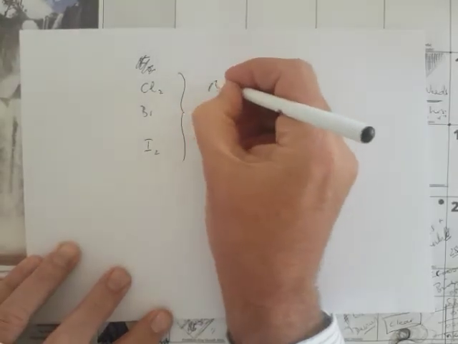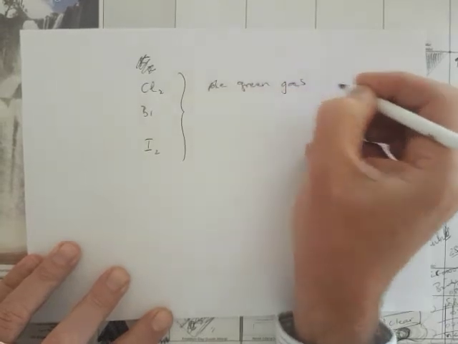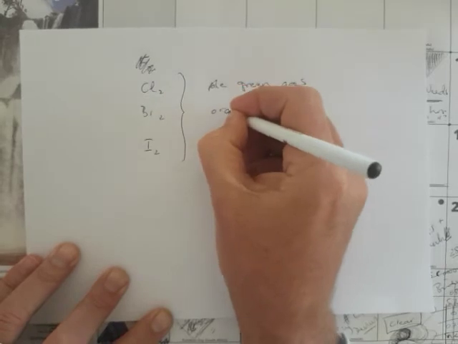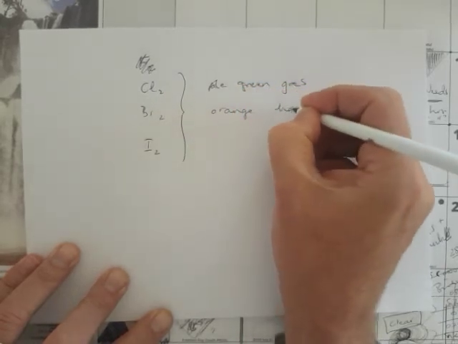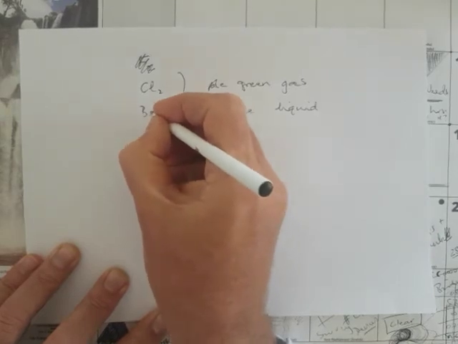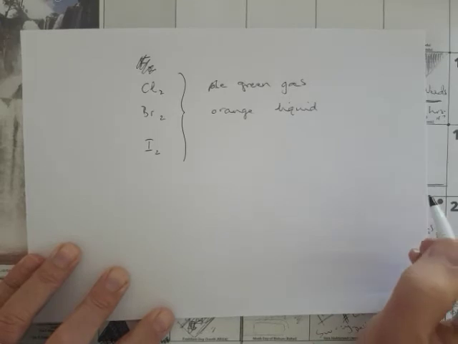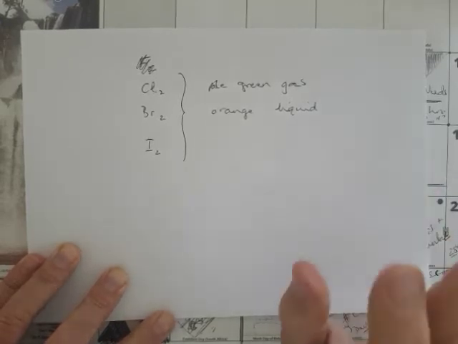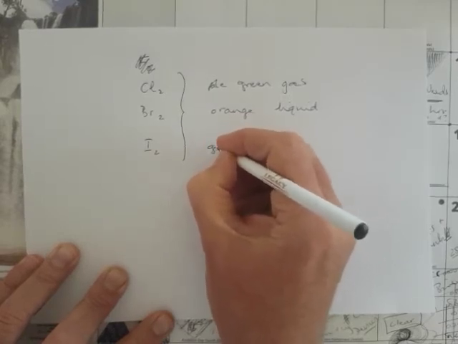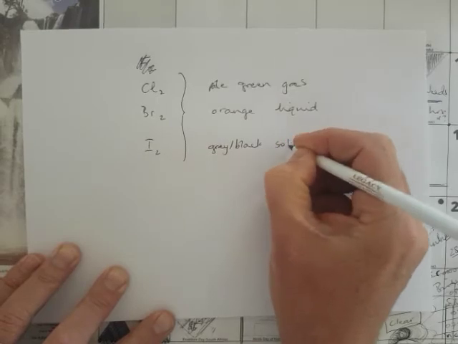Chlorine is a pale green gas at room temperature. Bromine is an orange liquid. Bromine, by the way, is one of only two liquid elements at room temperature. The other one is mercury. All the others are solids or gases. Only two liquids, bromine. And then iodine is a kind of a grayish black solid.